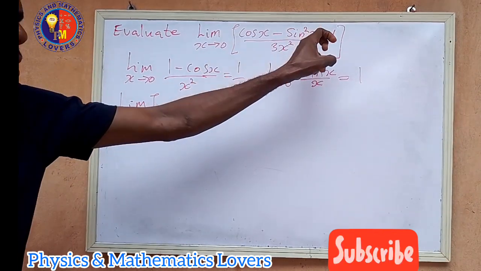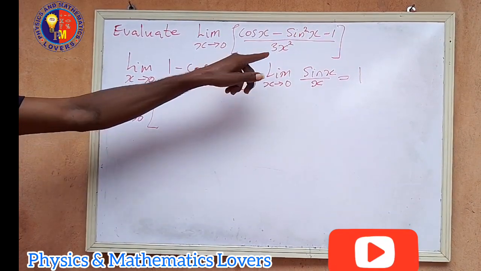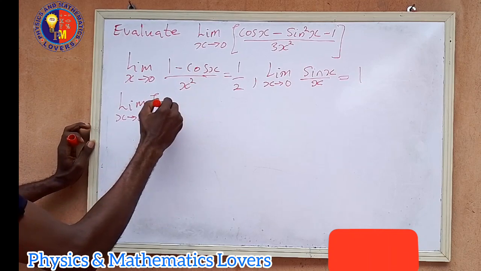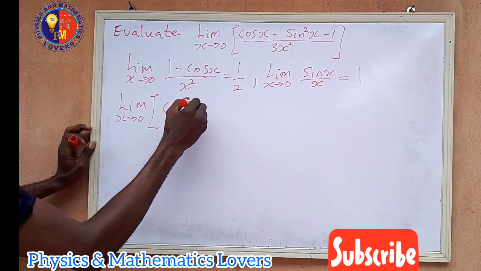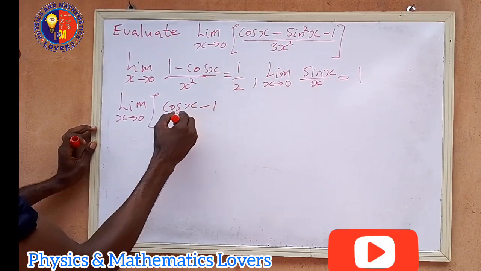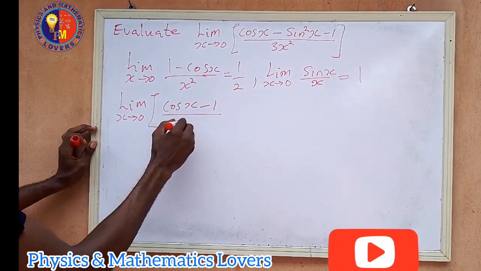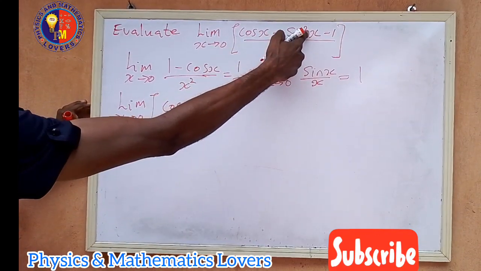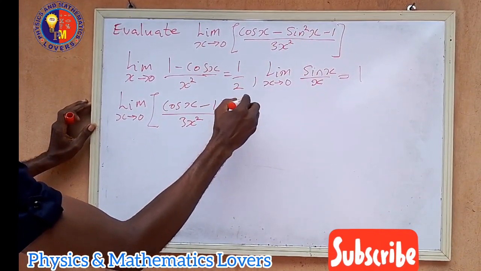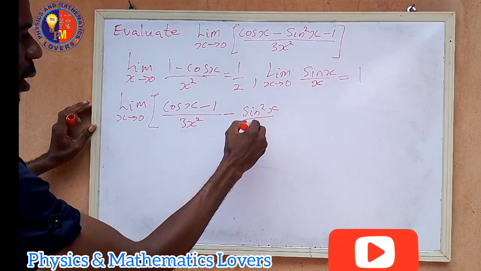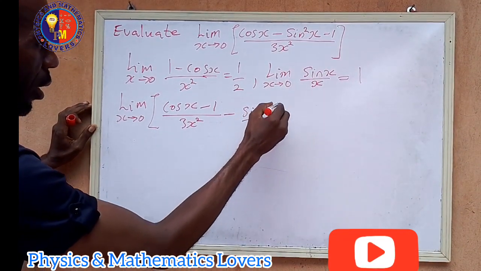So let me take that together, then make it all over this. So let's see how it goes. I have cos x minus 1 all over 3x squared. That's for that. Then we have sine squared x all over 3x squared.